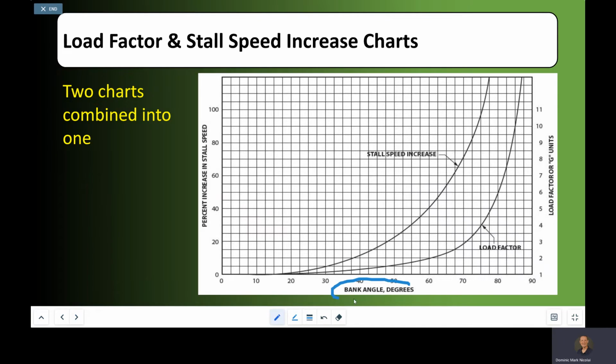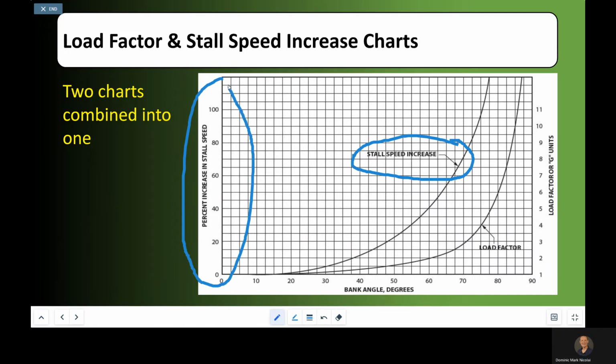So the x-axis is going to be the bank angle in degrees. When we look at a stall speed increase, of course the curve is properly labeled here, your scale is on the far left side for percent increase in stall speed. So your origin point is 0 down here.